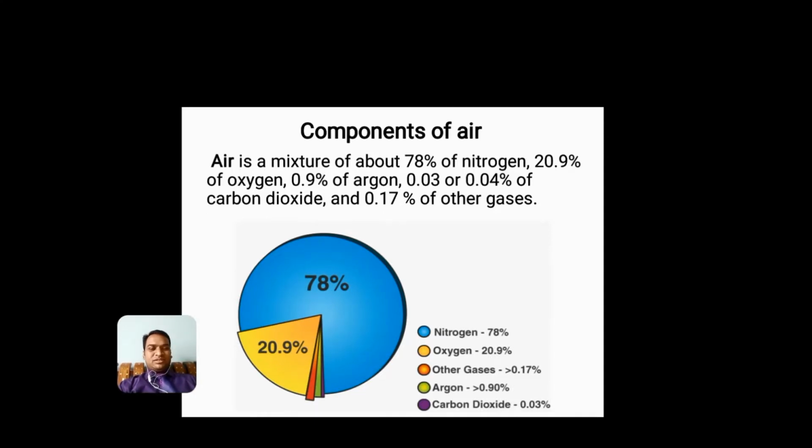And there is also dust and other things. In this picture or diagram, you can see these components of air. So air means not only nitrogen, not only oxygen, not only some carbon dioxide or other gases. Air means the combination of many gases.